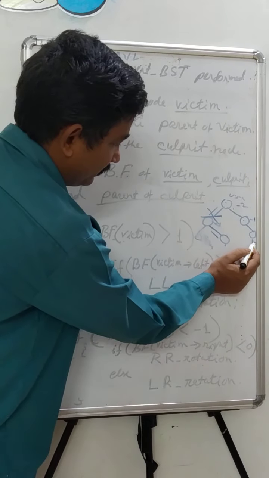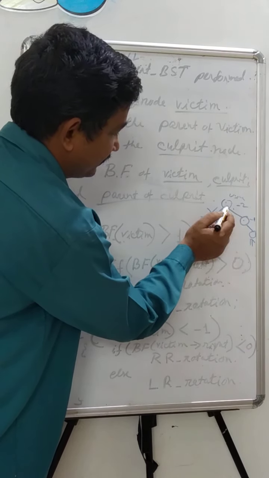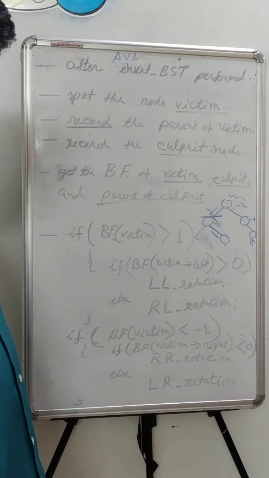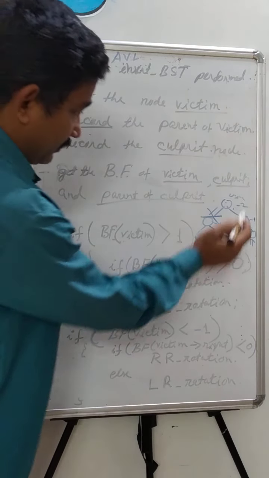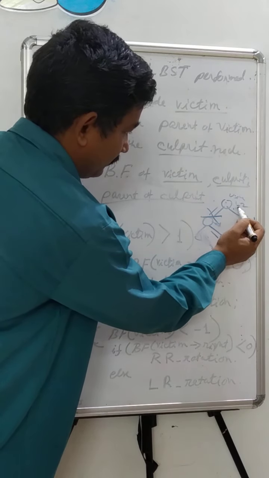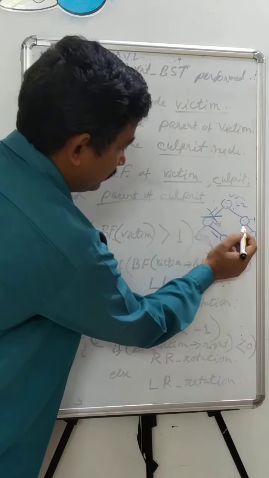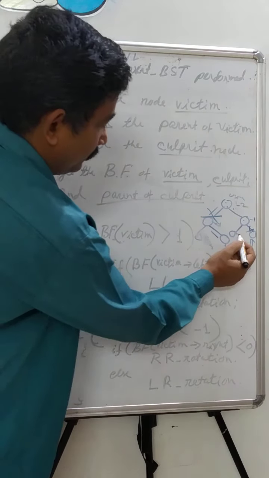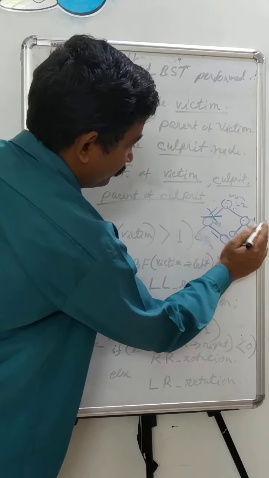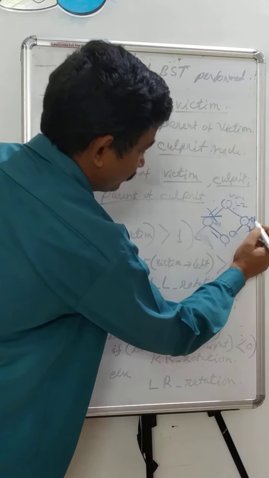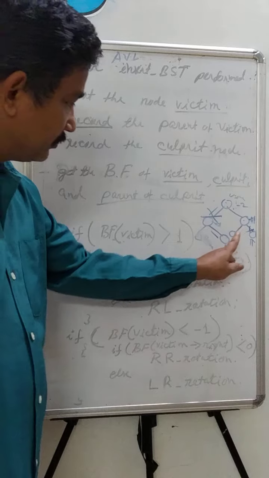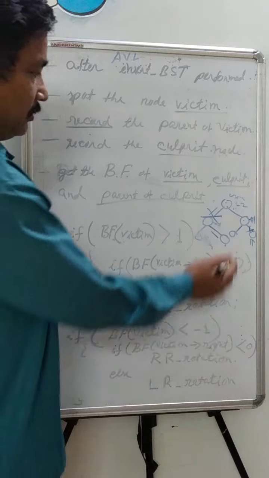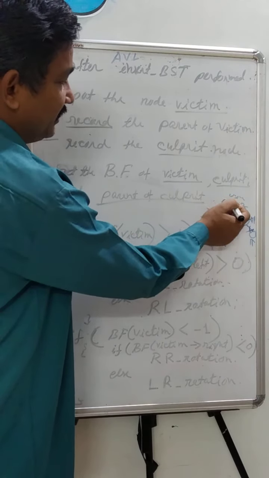We have created the imbalance, that is the right side of the victim node. So RR rotation will be activated. But this node may have still the -2 as a balance factor if instead of this one, insertion was performed here. So in this situation, balance factor of this node will be +1, because this is the newly inserted data and the right side was not present at the time, and this will lead to an imbalance into this particular node.